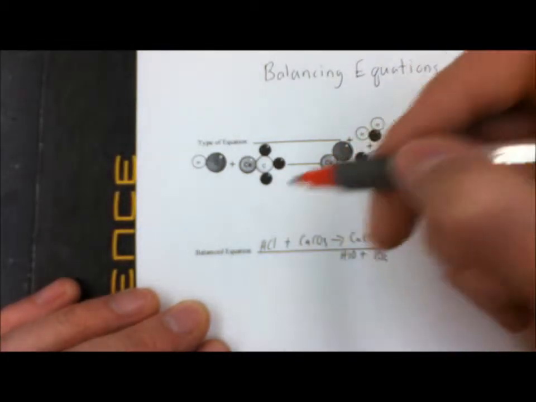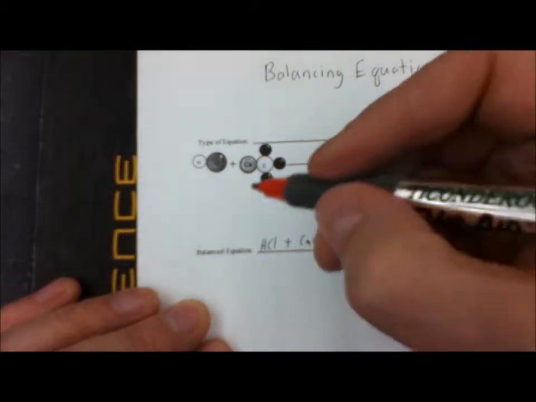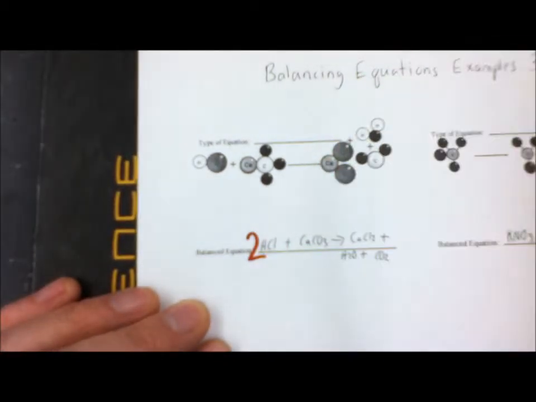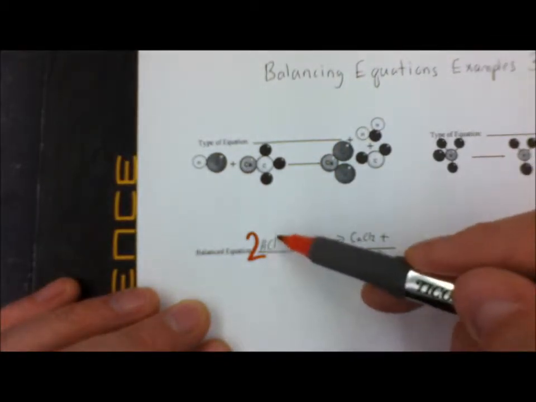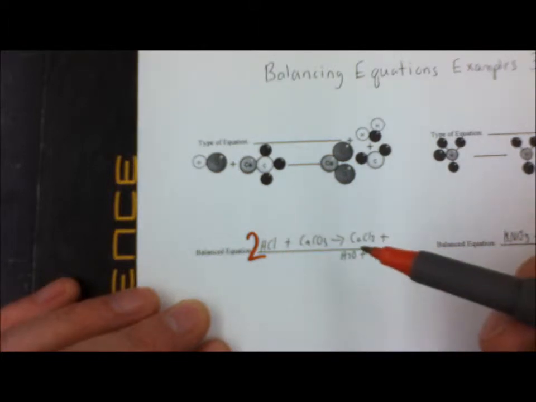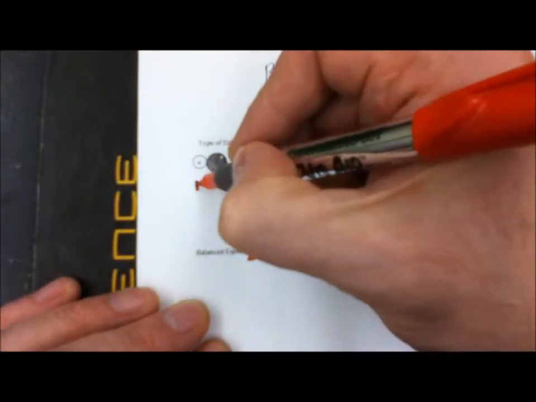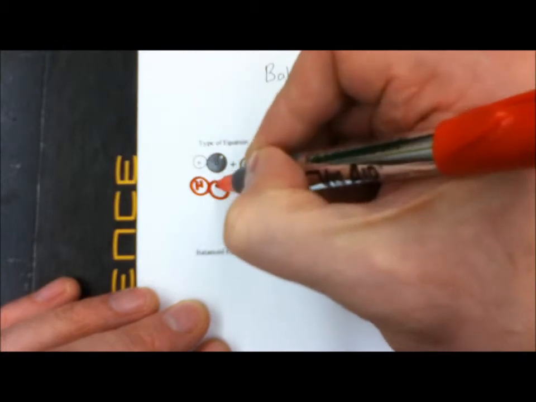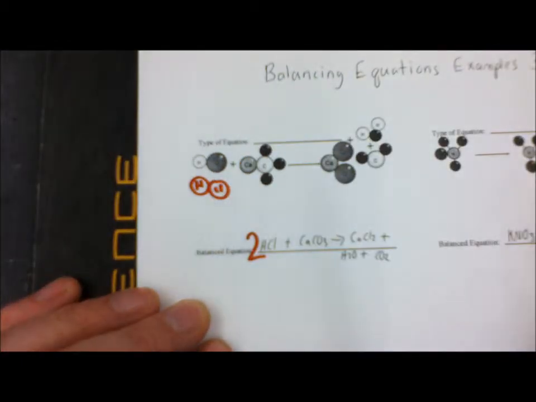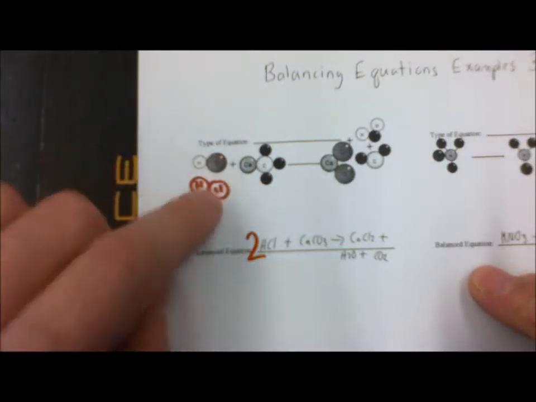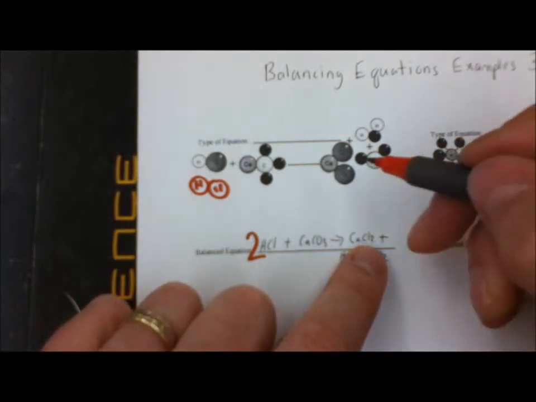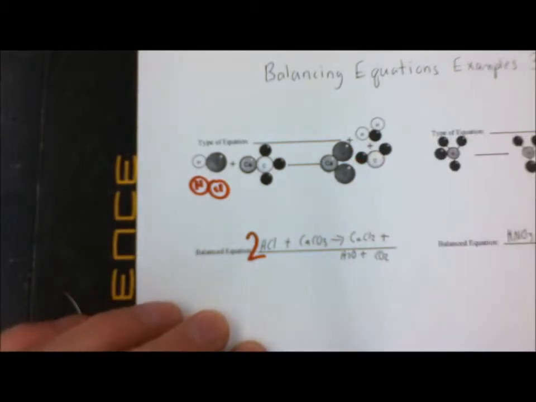In order to fix that, the only thing you can change is the coefficient in front. If I put a 2 there, now that represents 2 chlorine atoms. We can represent that with a drawing: 2 chlorine atoms, which are drawn for you right there.